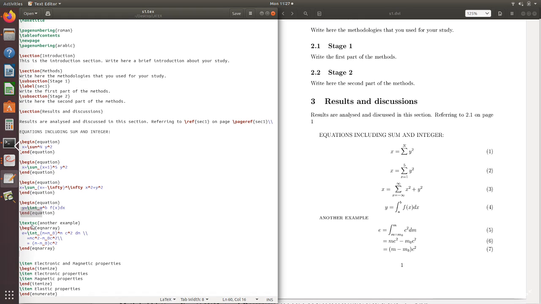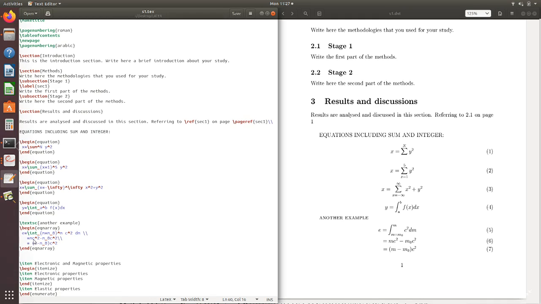Another example is writing a number of equalities. If you wish to write a number of equalities, then you have to use eqnarray, and it should be ended with end eqnarray. From the first line, e is equal to integration, so \int means integration, with underscore m is equal to m underscore 0, that means m ranges from m0 to m, then this will give you c square dm, and this will produce a new line.